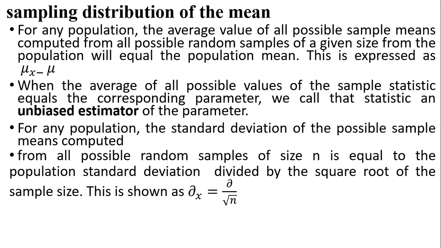Now, when the average of all possible values of the sample statistic equals the corresponding parameter, we call the statistic an unbiased estimator of the parameter.